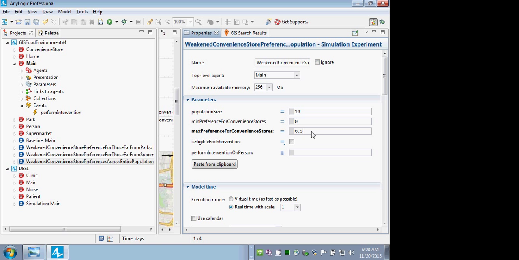So you have individual agents, they have preferences, and from those preferences, behavior emerges. Behavior emerges in terms of choice of convenience store food. And so rather than viewing the behavior as kind of a fixed thing that we posit, and rather than viewing simply preference for convenience stores as a fixed thing, we might actually have that evolving over time.